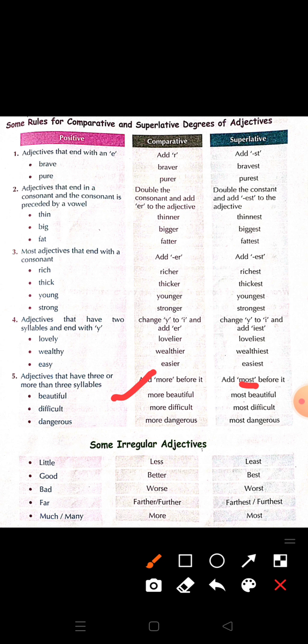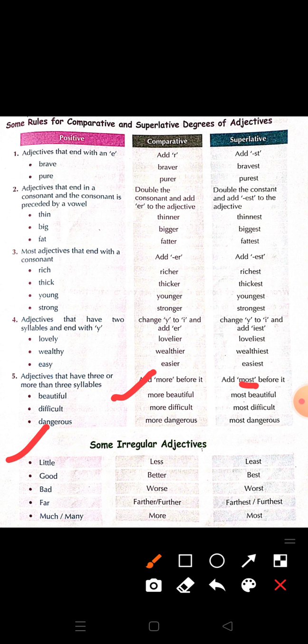Is that clear? Now, there are some irregular adjectives where you cannot apply this rule. Means these rules will not be applicable for these words. They change totally. Okay, they change totally. So let us see. They don't become littler or littlest. No, for example, little, less, least.